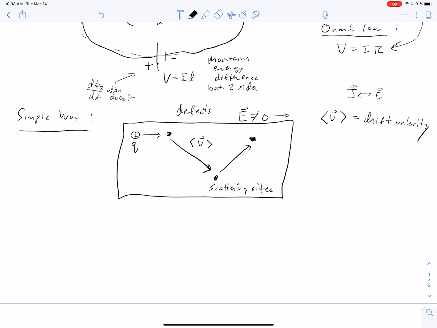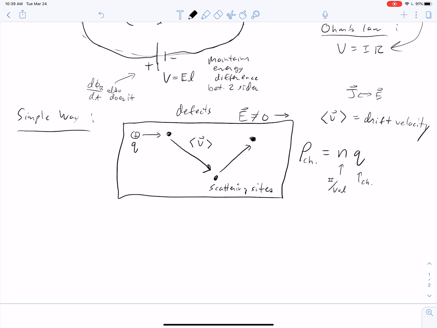So we can say that there is a density of charge carriers in the conductor, the density of charge that can move, and I'll call that density N times Q, where N is the number per volume of charge carriers, and Q is the charge of each charge carrier.